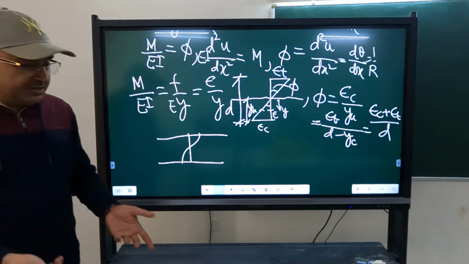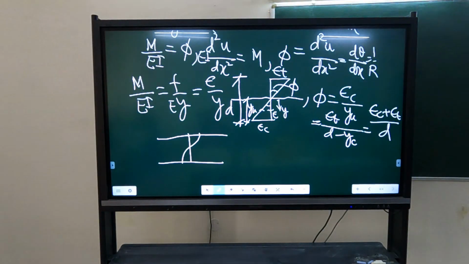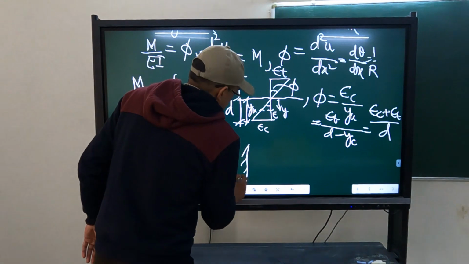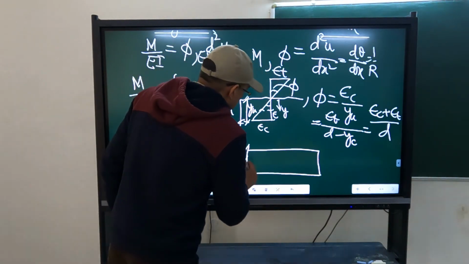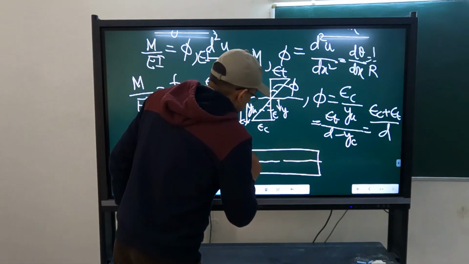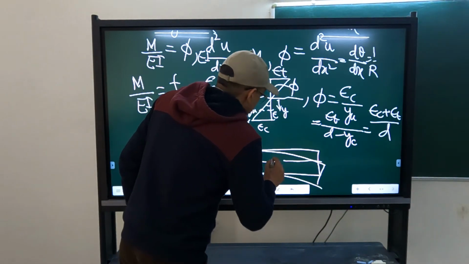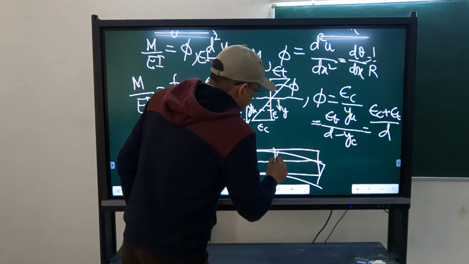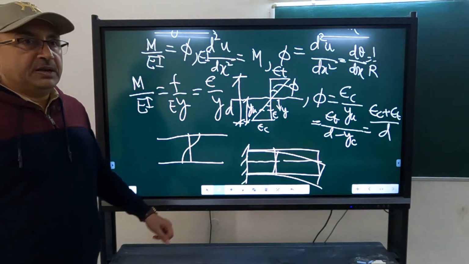What assumption do we make in Timoshenko beam theory? We talked about Euler beam theory and Timoshenko beam theory. So here, this section, which was earlier like this, will now be like this if it is plane.